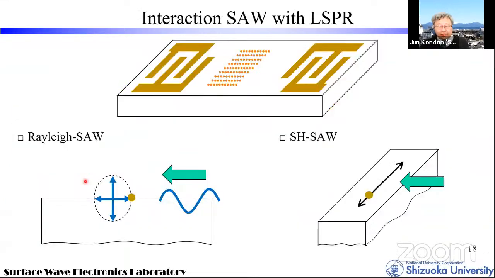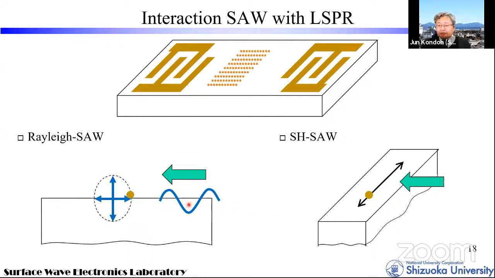I already explained there are two types of surface acoustic waves. One is the Rayleigh surface acoustic wave, and the other is the shear horizontal surface acoustic wave. If we fabricate the gold nanoparticles, the motion on the surface of the particles is different.